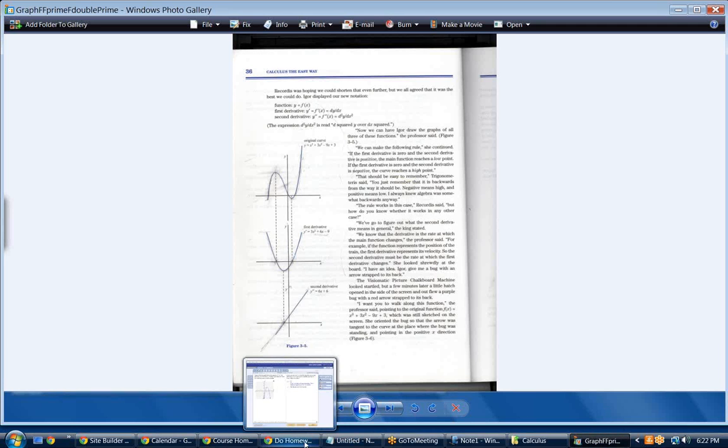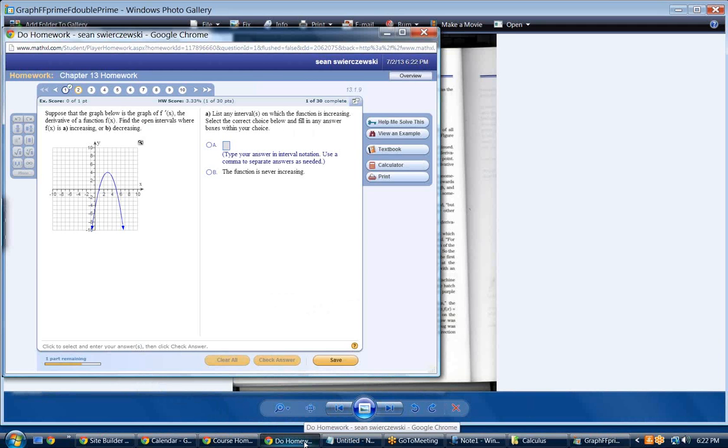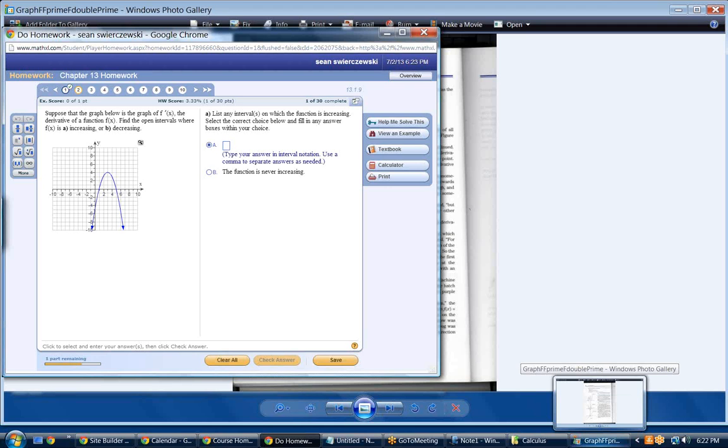So let's look at this thing again. If we want the open interval where the original function is increasing, we want to know where this thing is positive. What interval? That would be negative infinity to... No. We want only where this thing is positive.